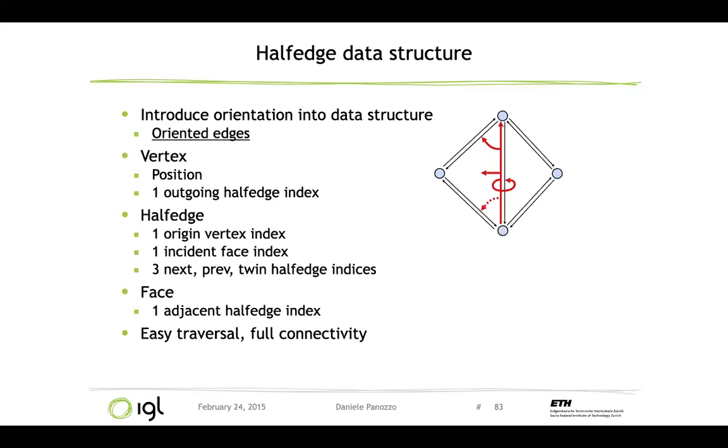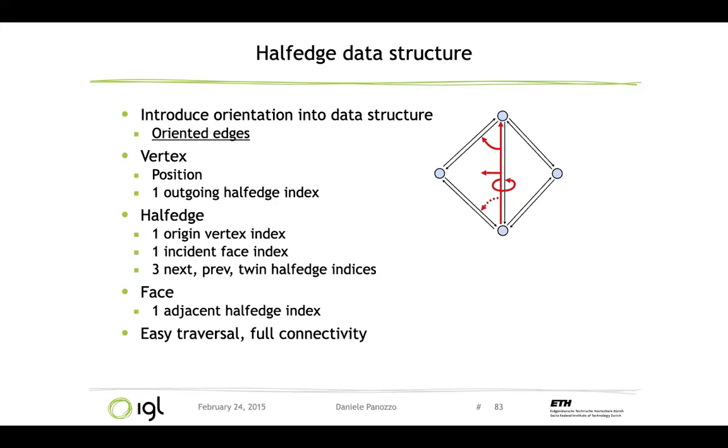So we design a data structure that has a vertex, a half edge, and a face. And the vertex is described by its position, the coordinates of this point, and a pointer to an outgoing half edge index. And so you know that this vertex belongs to that half edge.